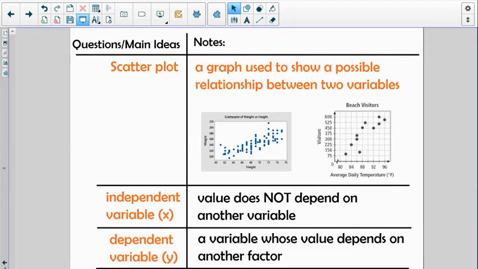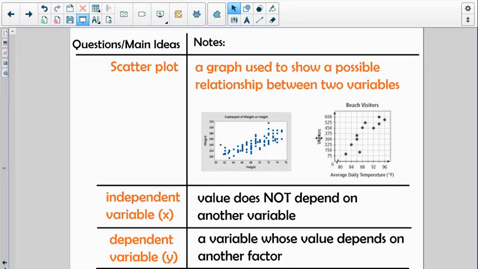Now the other type of variable is called the dependent variable. The dependent variable is the y variable in a set of data. It's the variable whose value depends on the other factor, or the other variable. For example, we're suggesting in this first scatter plot that a person's weight depends on their height.